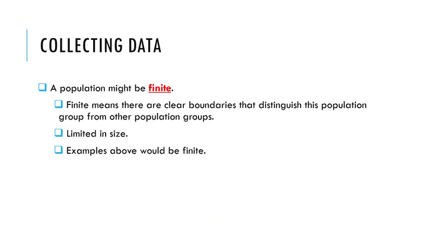The examples that we've already looked at would be finite, right? MBA students at Longwood University is a finite countable population. Males under 50 living in the U.S. is a bigger population, but it is indeed finite. There's a clear boundary, right? I know if you're a woman, you're not in that population. If you are anybody over 51, even males, you're not in that population. If you're not in the United States, you're not in that population. So that is also a finite population.